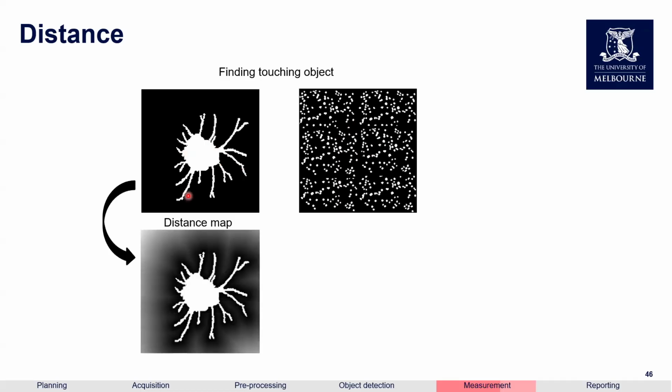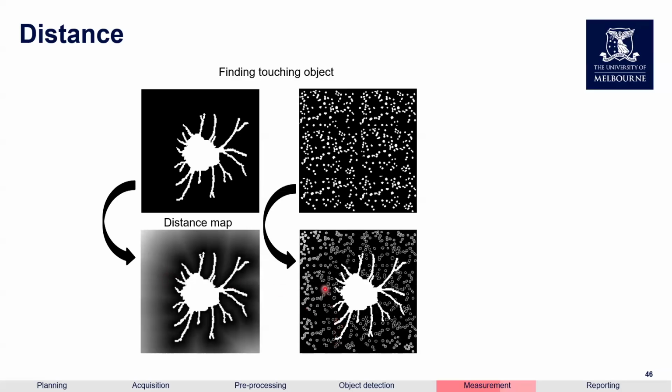We can do this by first generating a distance map outside the cells. As I mentioned briefly, this map is an image where the pixel intensity increases gradually from the border of the cells to the outside.